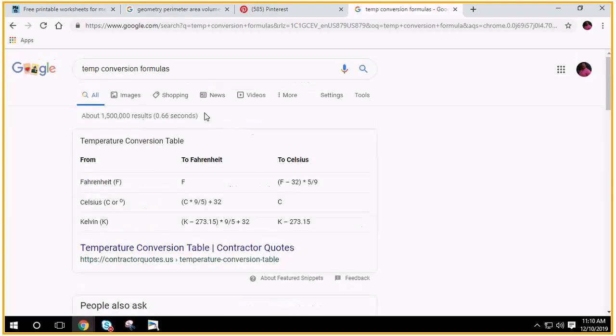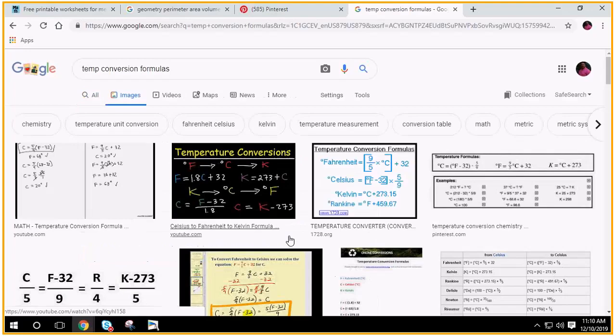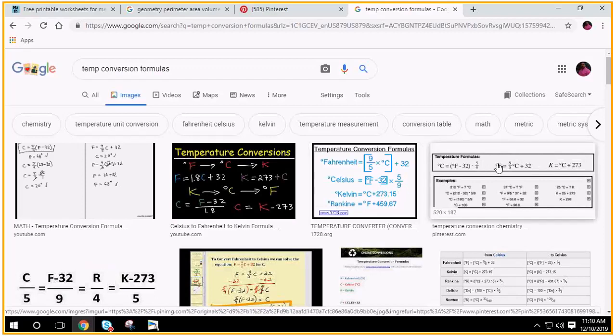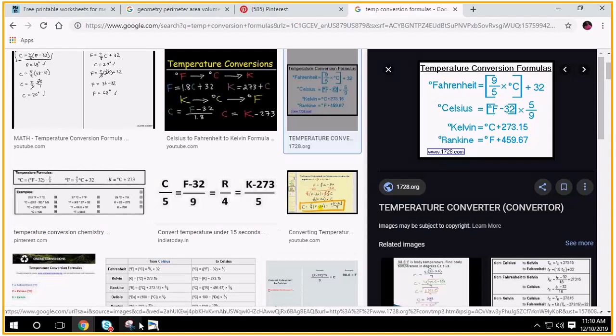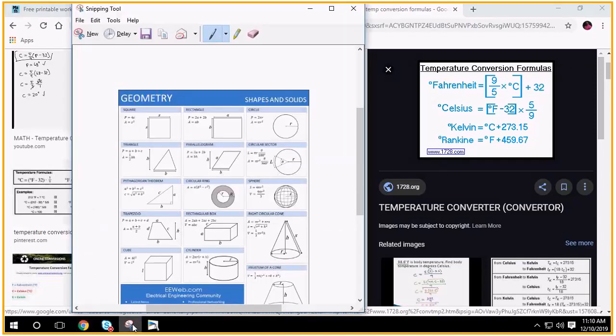I'm going to go here and maybe find a better one. There we go. I'm trying to find the easiest one, let me hit that one and go to snip. Do this for you right quick.